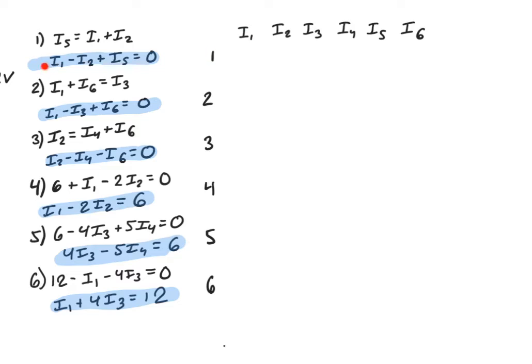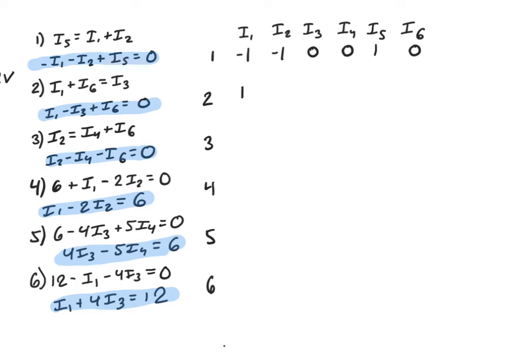That's -1. Then I'm going to write the coefficient in front of I2. That's also -1. Then the coefficient in front of I3, which is 0 because there is no I3. There is no I4 either. The coefficient in front of I5 is 1. There's also no I6. Then I'm going to do the same thing for equation 2. The coefficient in front of I1 in equation 2 is 1.